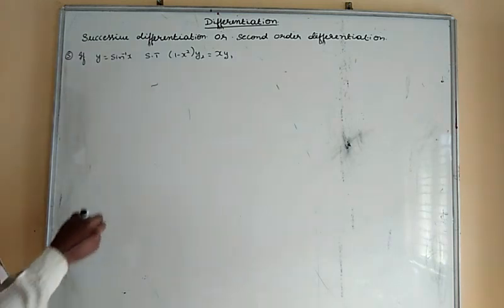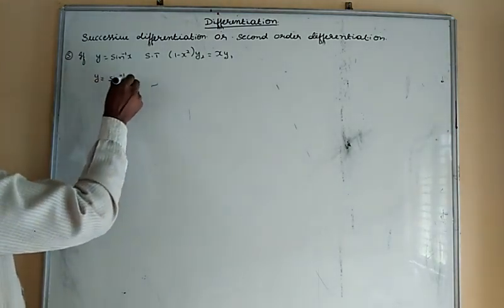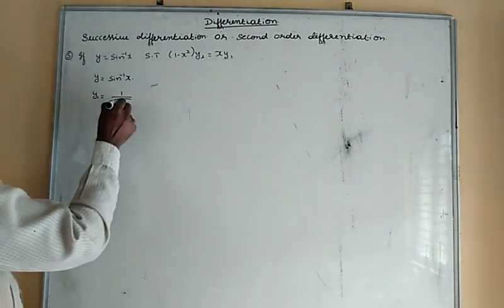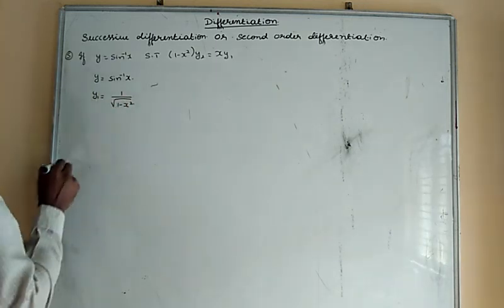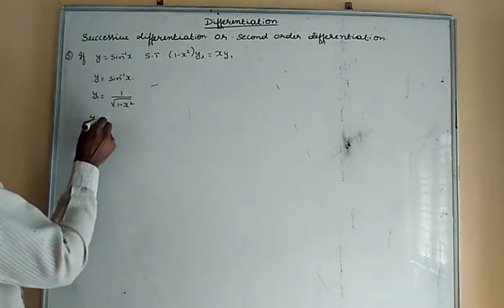Okay, so let us take y is equal to sine inverse x. So y1 is equal to the differentiation of sine inverse x, which is 1 by square root of 1 minus x square. Again differentiate, second order differentiation here.